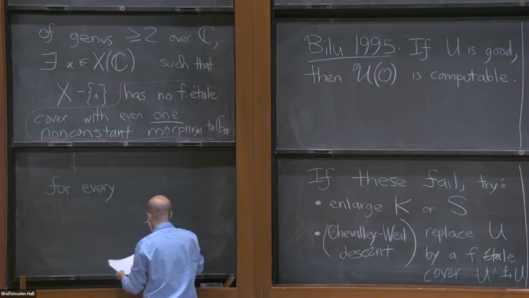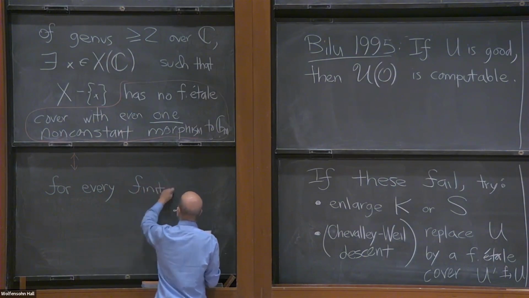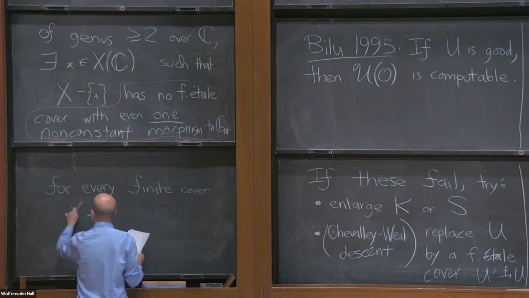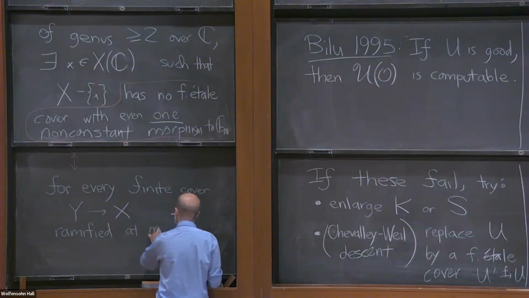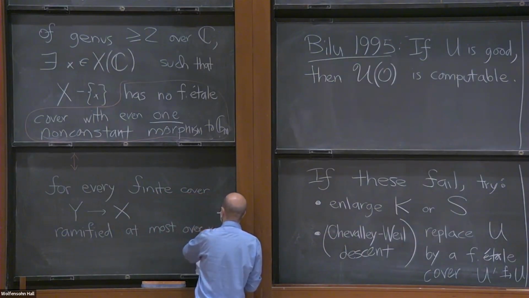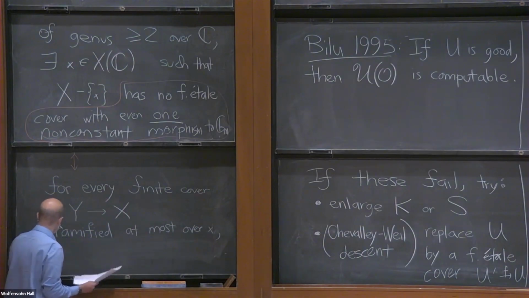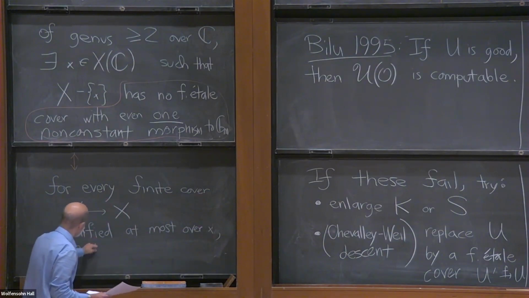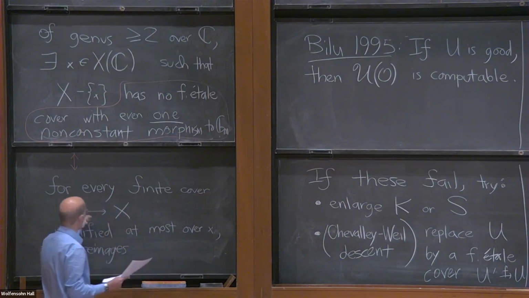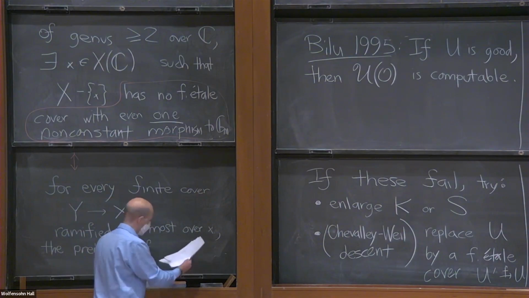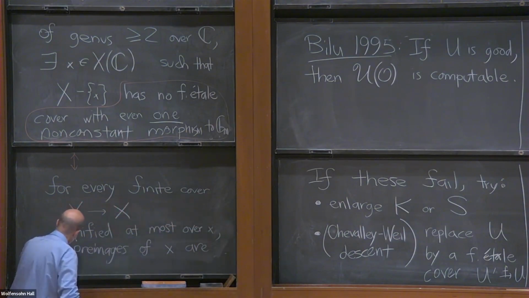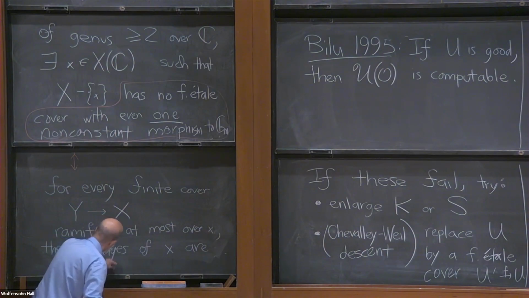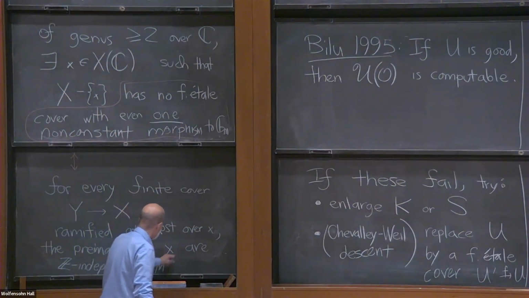So let's talk about curves: any finite cover y to x, but ramified at most over the one point x, the puncture. The preimages of the puncture in this cover of x are independent in the Picard group, so they're Z independent, in the Picard group of y.